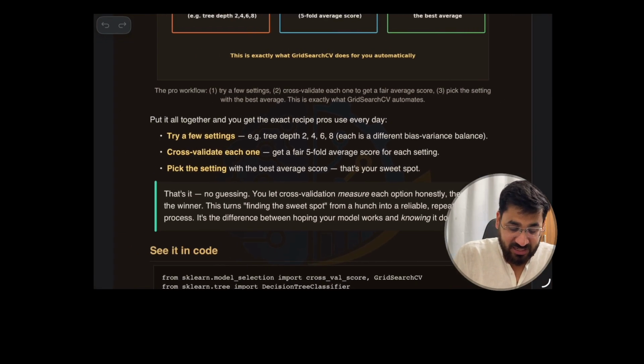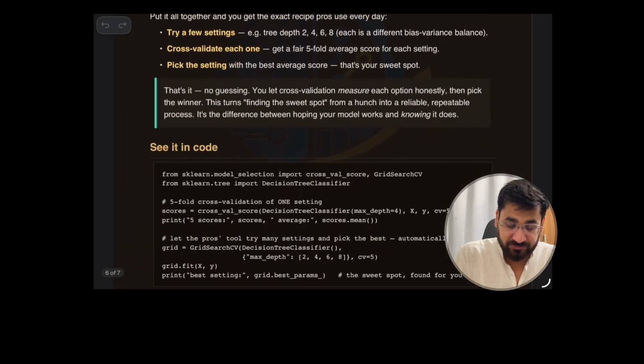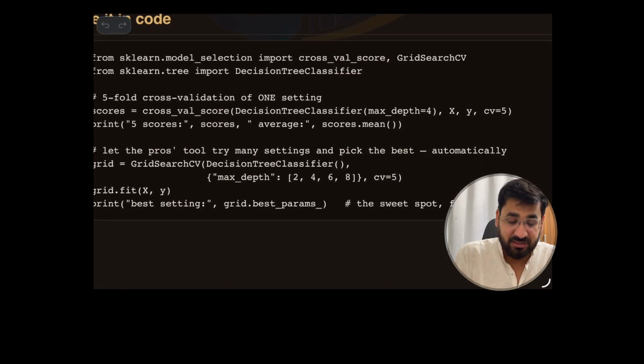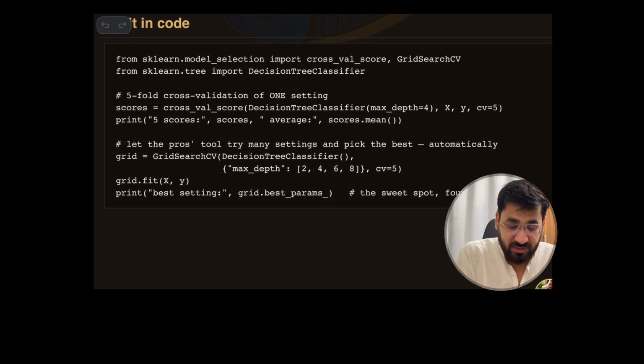Now you can see the code. Here is the code. It's simple English. Cross validation score is there, then we are printing this, then GridSearchCV will do all the training, and then we will find the fitting of the model, which is the sweet spot. Done.